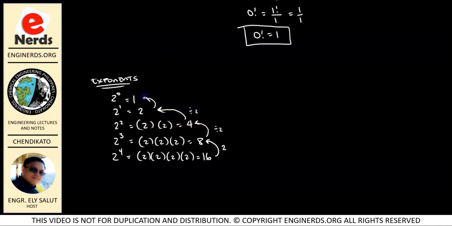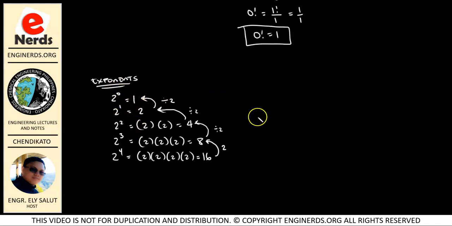Now, 2, if you divide by 2, you will get 1. So, as you can see, if we follow this pattern, tama yung naging resulta natin, no? Which means that 2 with an exponent of 0 is actually equal to 1.